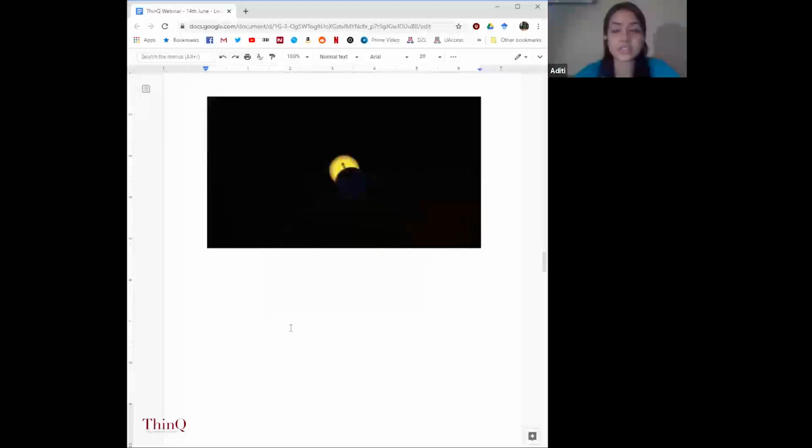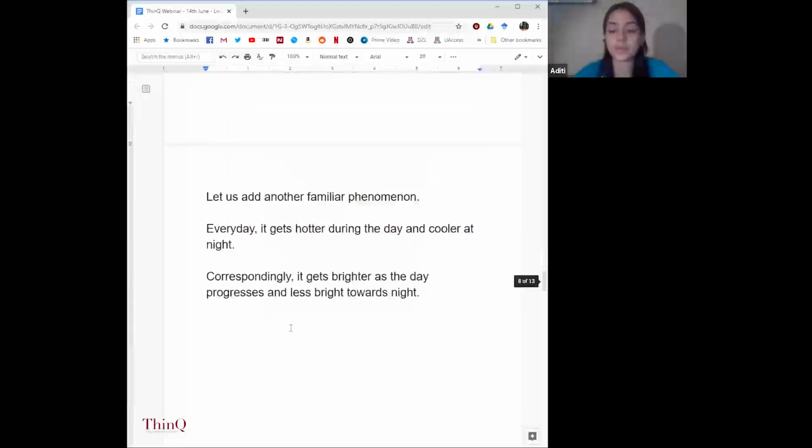Just to clarify, one reason we can make that assumption is that as it gets brighter in the day, it gets hotter, and as we move further into the nighttime, it gets cooler. Based on that, we're making the assumption that heat has something to do with light. Yeah, this is more of a background assumption. We're not necessarily basing it on this particular example.